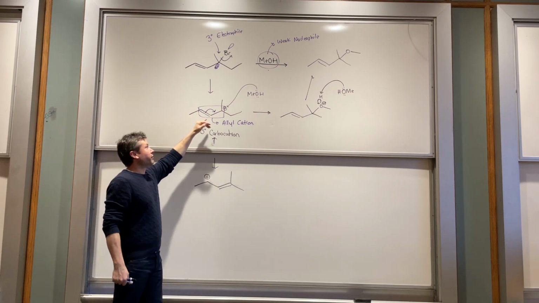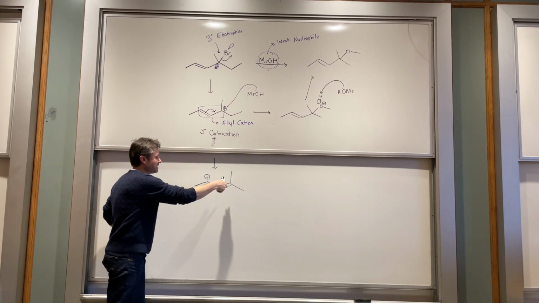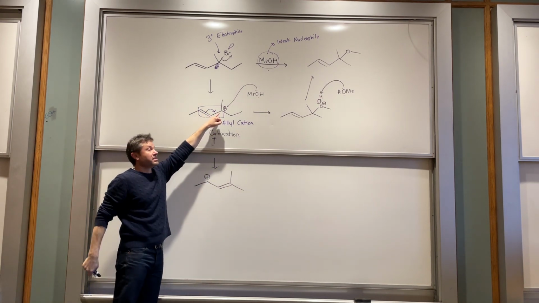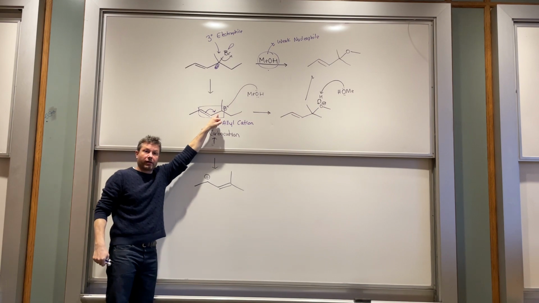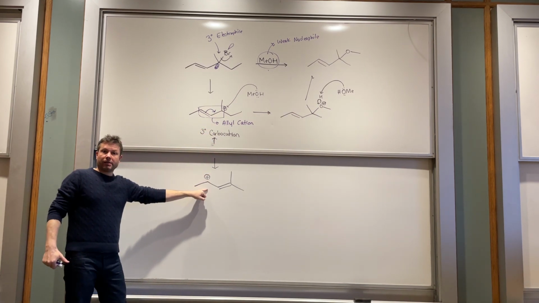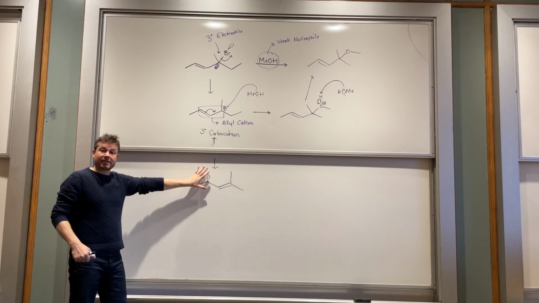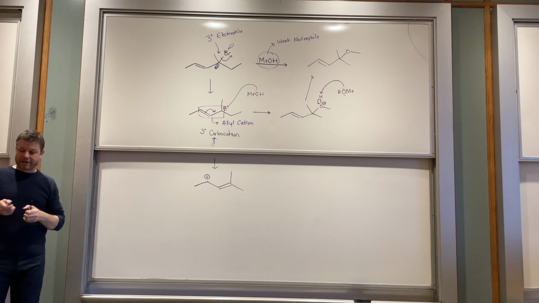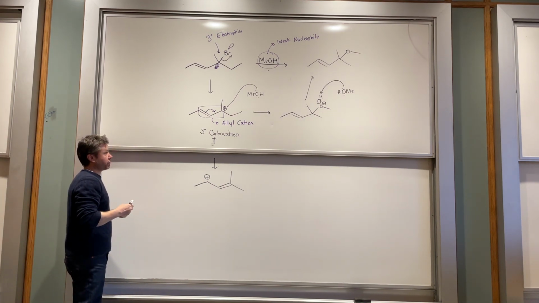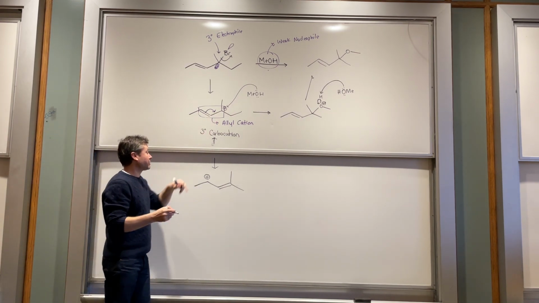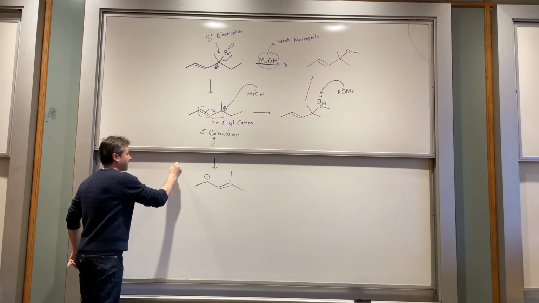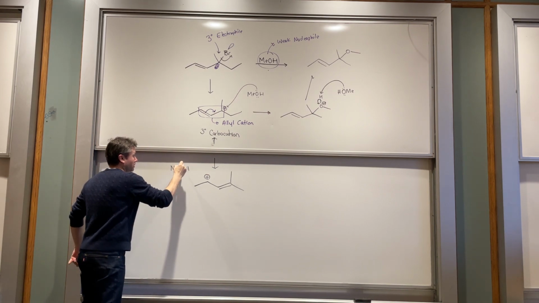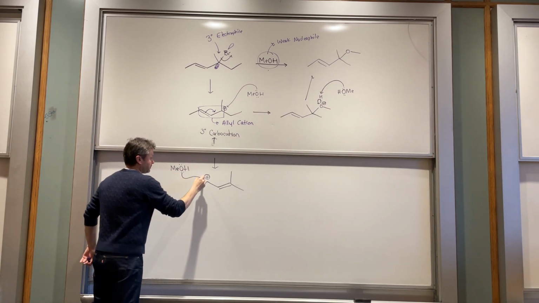They'll spend more of their time in something that looks like this state because it's a more stable carbocation, and a little less time in this state. Nonetheless, this structure does reflect some of the overall electronic structure of that carbocation. As such, just like the methanol can add to this carbon, the methanol could also add to the secondary carbon as well.